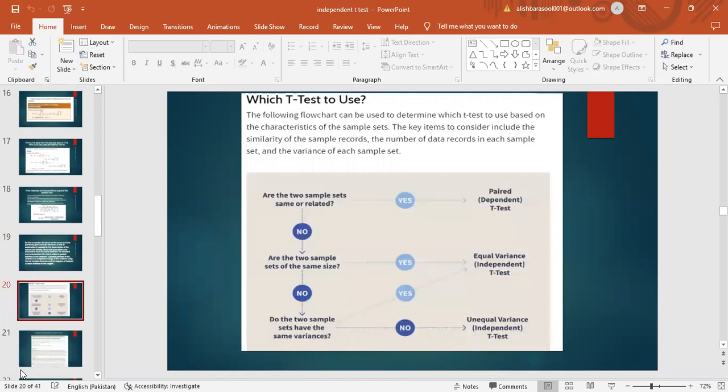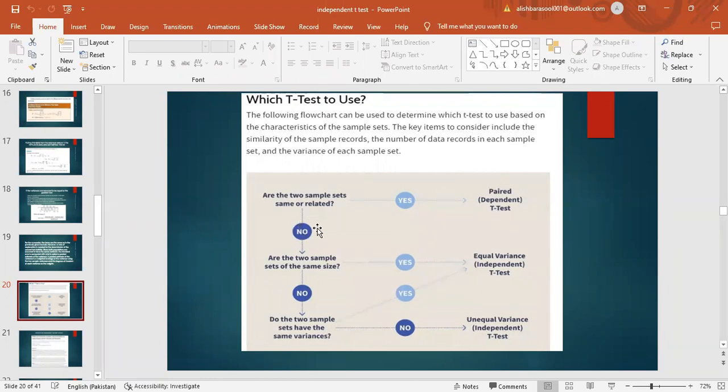Which t-test to use? The following flowchart can be used to determine which t-test to use based on the characteristics of the sample sets. The key items to consider include the similarity of the sample records, the number of data records in each sample set, and the variance of each sample set. When the two sample sets are the same and related, we will use the dependent t-test or the paired t-test.